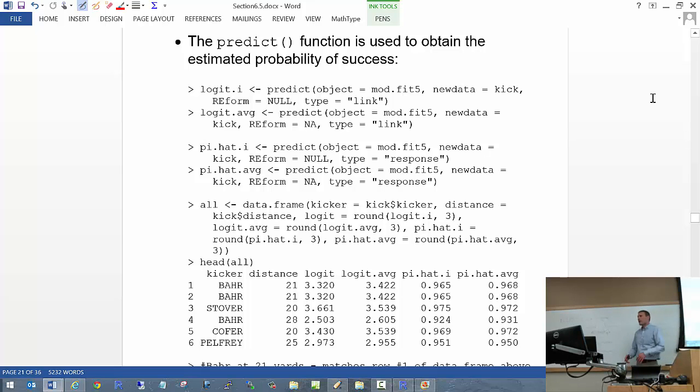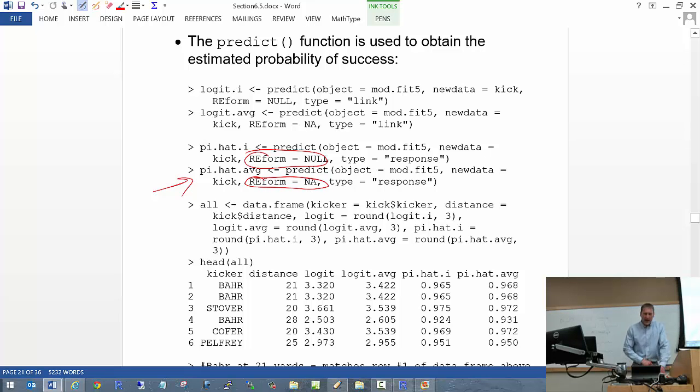So if I want to estimate the probability of success, let's say I want pi hat for a particular distance, I can use, as you might expect, the predict function to do that. Well, there are two ways that you can use the predict function, and it corresponds to this argument here.